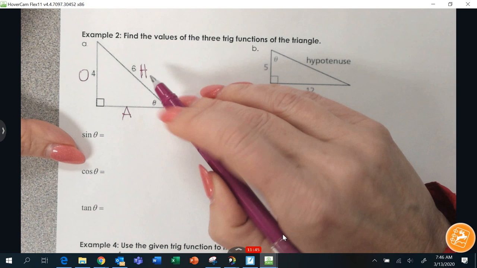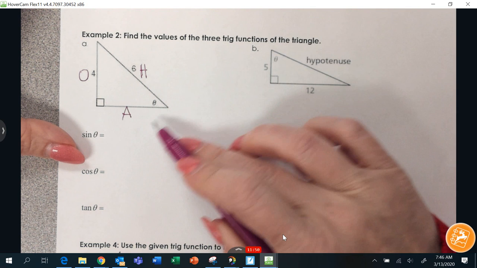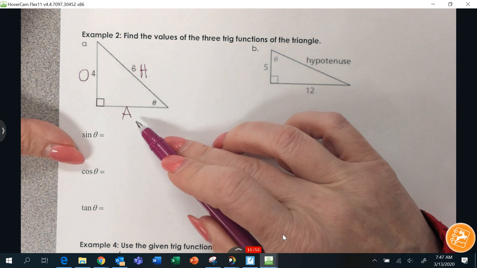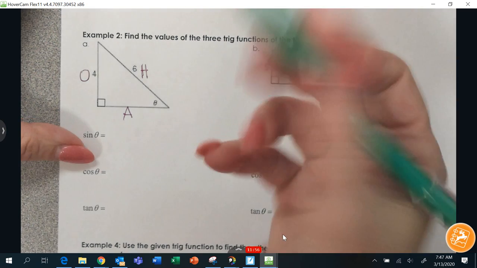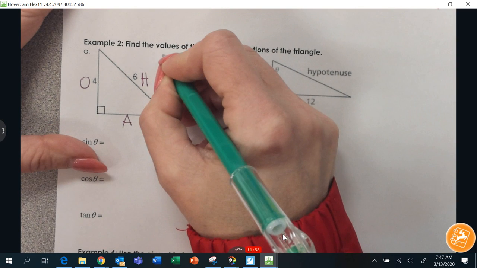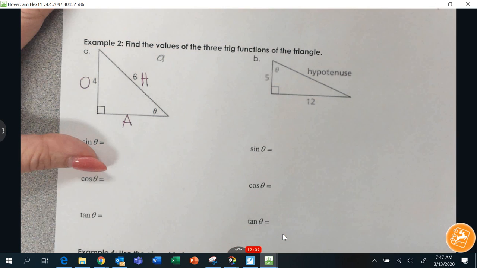Now I know the value of H. I know the value of O, but I don't know the value of A. So what we have to do to find the value of A is use the Pythagorean theorem.